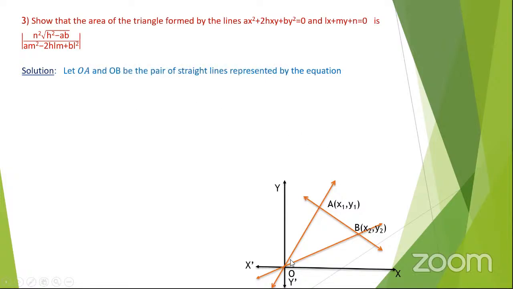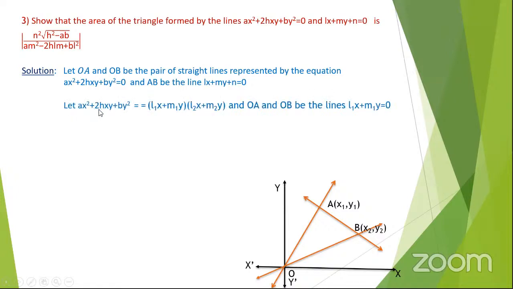Now, OA and OB are the pair of lines represented by the equation ax² + 2hxy + by² = 0, and AB is the line lx + my + n = 0. So the pair of lines OA and OB is given by the first equation, and the line lx + my + n = 0 is represented by the line AB.